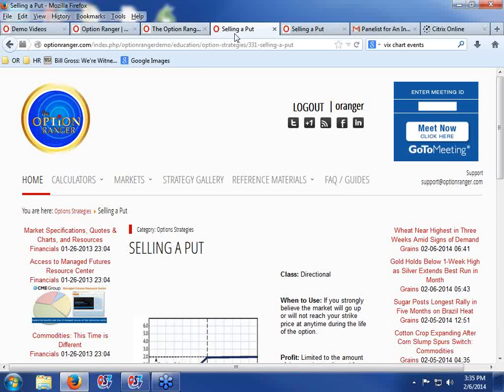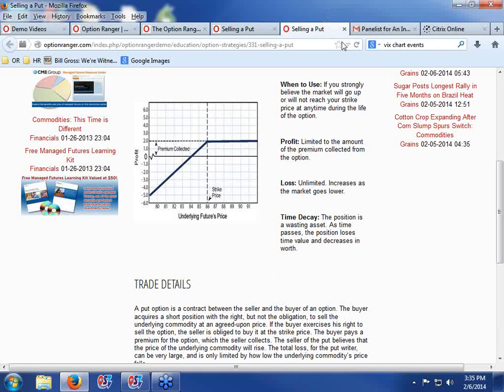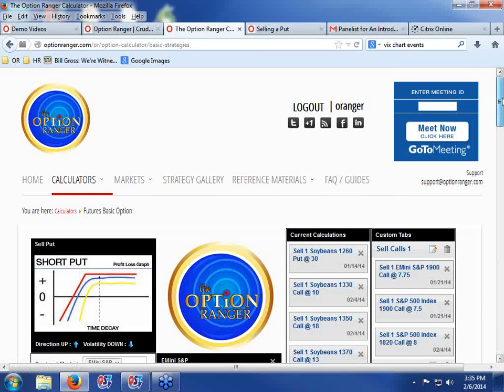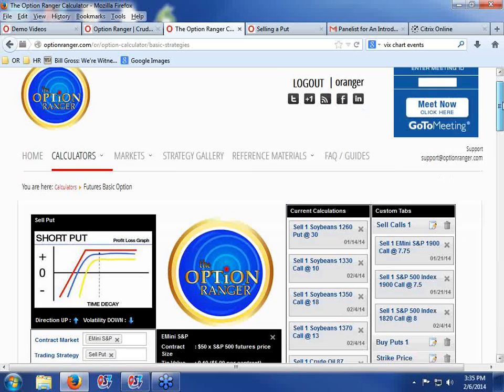So now let's go ahead and see a couple of examples on selling the put. Again, this is the graphic that we just reviewed. And now let's go ahead to the option ranger, and to save some time, we've actually input some trades.